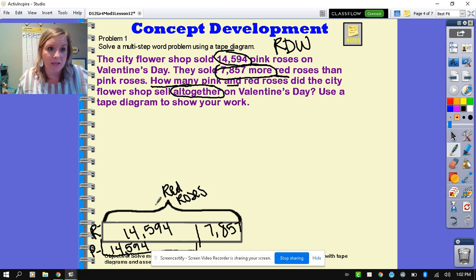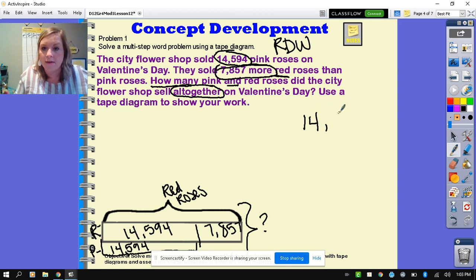We have to go back and find out what the question is truly asking us. It says, how many pink and red roses did the city flower shop sell all together on Valentine's Day? Meaning I'm actually going to have to add up all of the numbers that we have. So let's go ahead and solve for our red roses first.